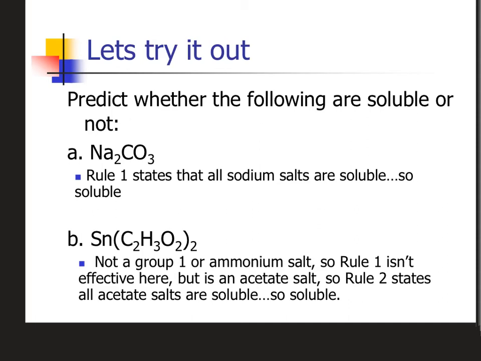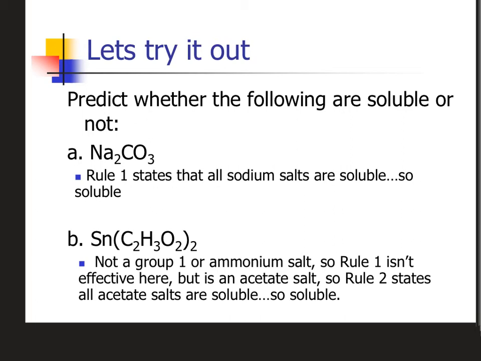And if we did, we would move all the way to rule number 5, and we'd say, oh, it's supposed to be insoluble because of the carbonate. But no, it's soluble because of rule 1. Once you have a rule that says it's soluble, you don't move on to try and find something that contradicts it. So again, we look at the rules in the order in which they're written.